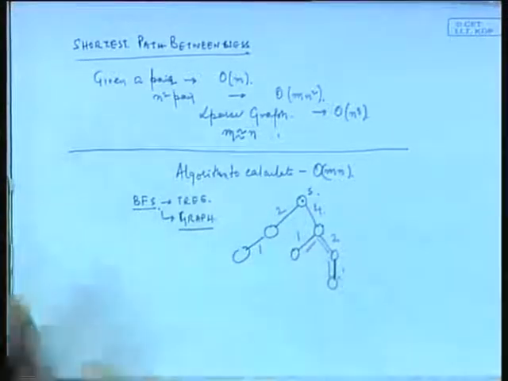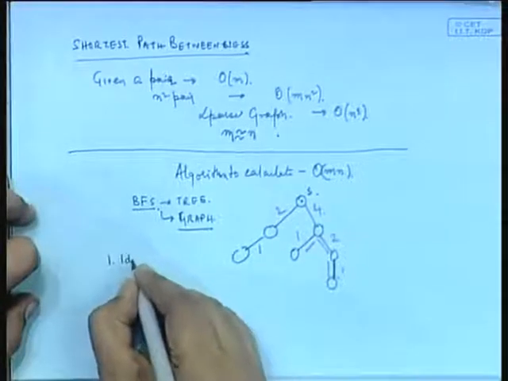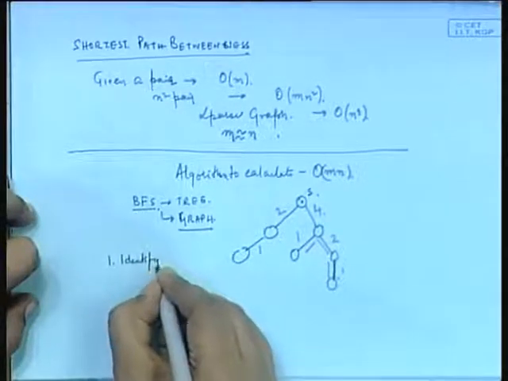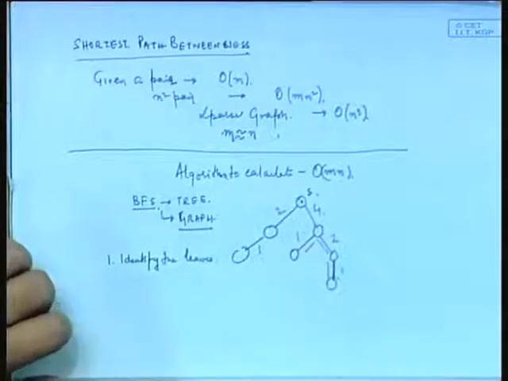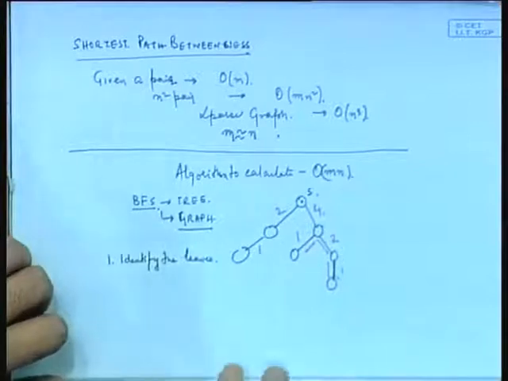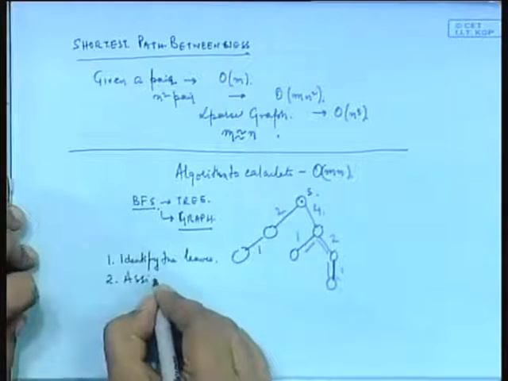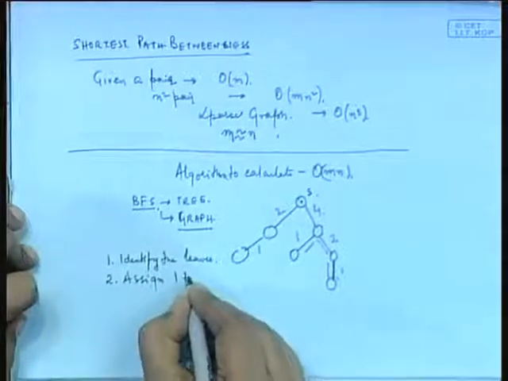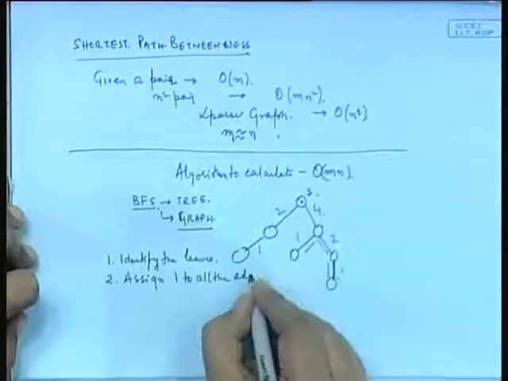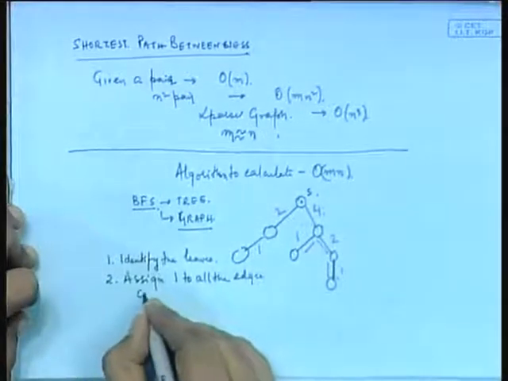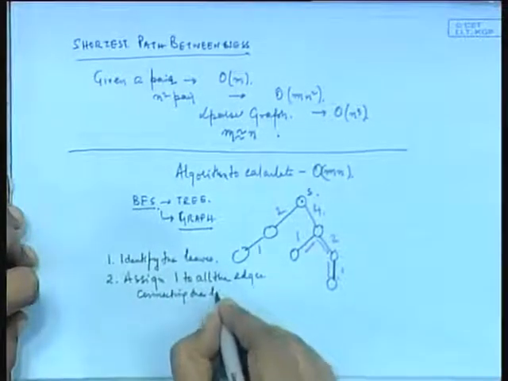So what is the algorithm then? Identify the leaves, assign 1 to all the edges connecting the leaf.